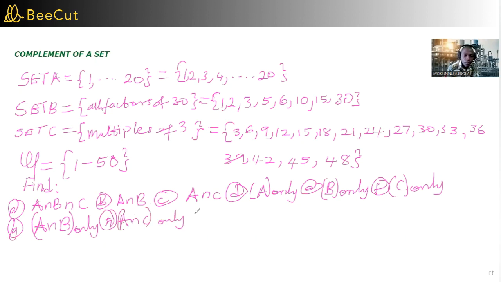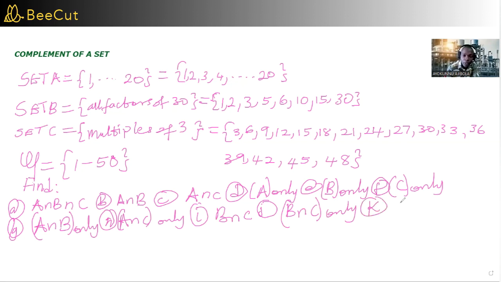Then I can say find B intersection C. Can say find B intersection C only. Okay.